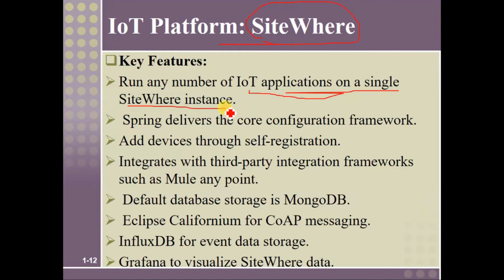It also lets devices be added through self-registration, so the devices connected with Sitewhere can register themselves. It is also used to integrate with third-party integration frameworks such as Mule Anypoint.